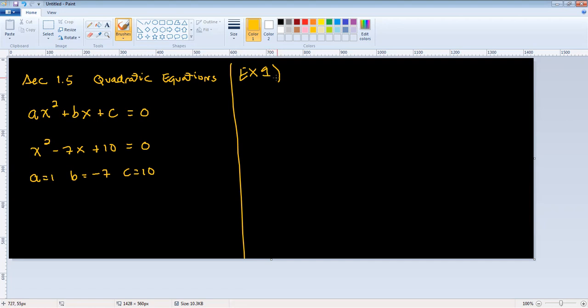Here's example 1 from the book. Solve by factoring, example 1a. So we have 4x squared minus 2x, and this is equal to 0. All right, well, what do you do here? Well, we can factor out a 2x. If we multiply the 2x times the 2x, we'll get the 4x squared.